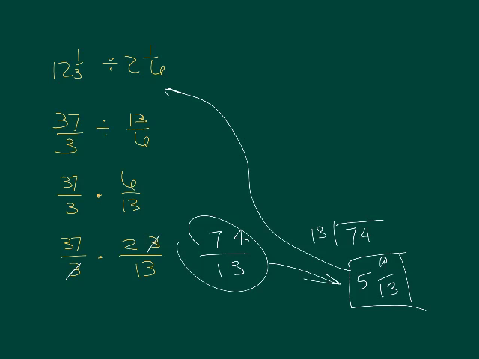Alright, 4F, symbols of equality and inequality. If we are saying that two numbers are equal to each other, such as 5 is equal to 5, we put an equal sign there. If we say 5 is equal to 4, we know that's not true, so we put a line like that saying they're not equal.